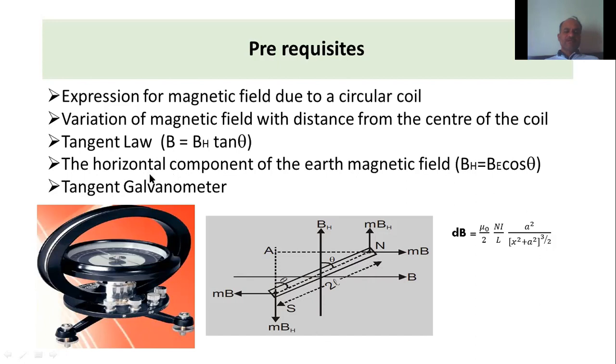Next, the horizontal component of the Earth's magnetic field is BH is equal to B cos theta. Because Earth also behaves as a huge magnet, a plane which passes through the magnetic north pole and south pole is called the magnetic meridian.